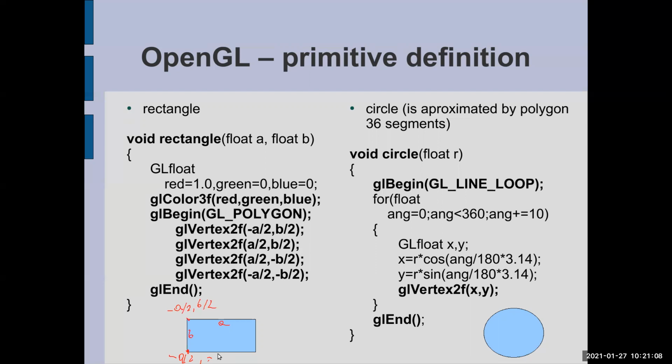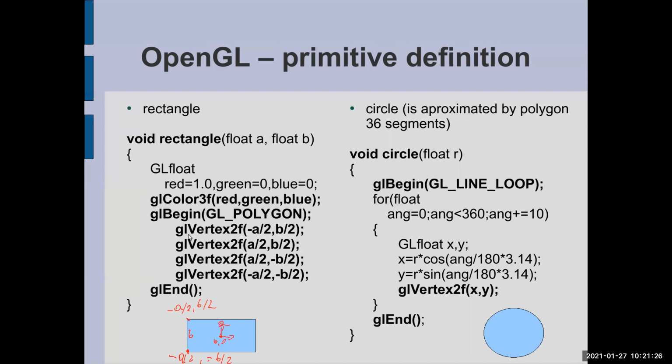Here we have minus b over 2. So the center of this rectangle is in the middle; this is the origin 0, 0.